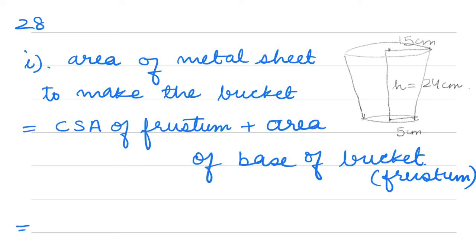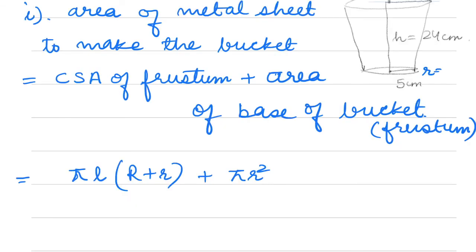The curved surface area of a frustum is pi L into (R plus r), and the area of the base of the bucket will be pi r square. The smaller radius I have taken as r, and the capital R I have taken for the top or larger one. Let's find out L separately.